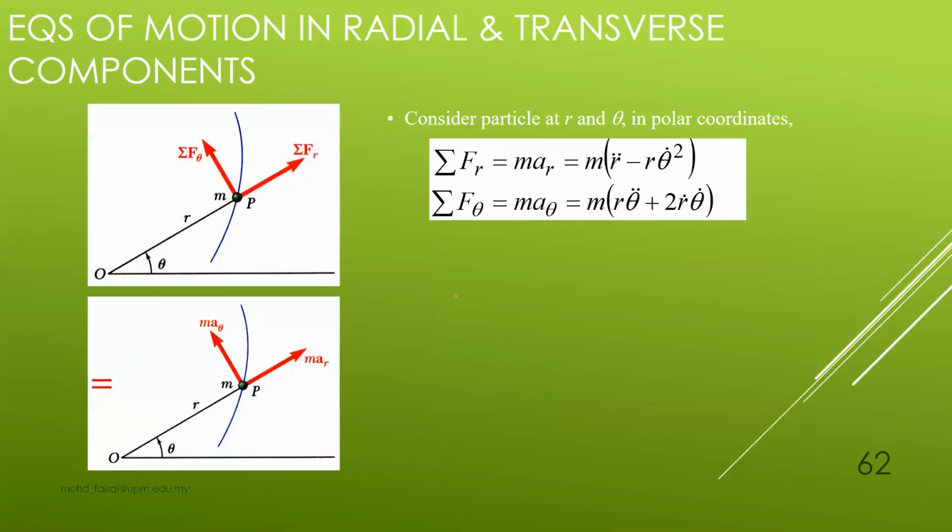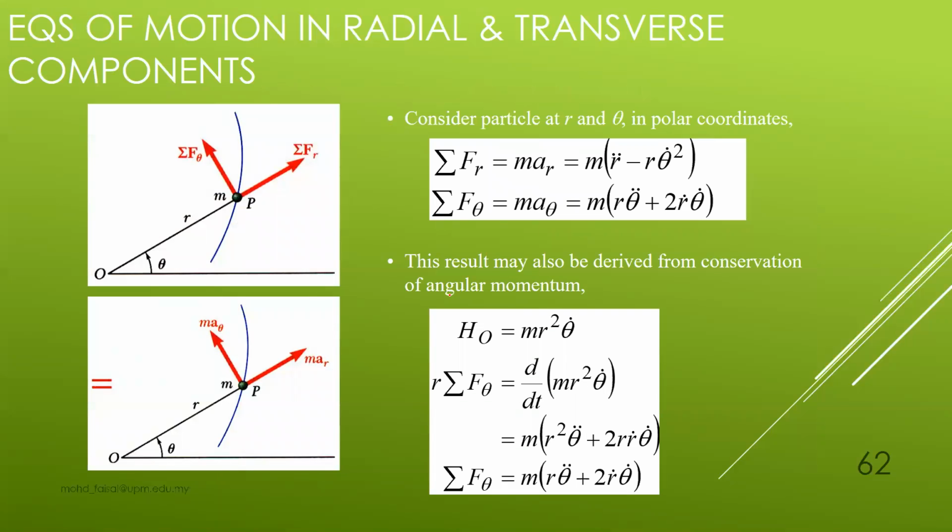Okay, equation of motion in radial and transverse components, where we simplify the previous example into this. Point P is here, and we have the normal component and also the radial component of the forces.